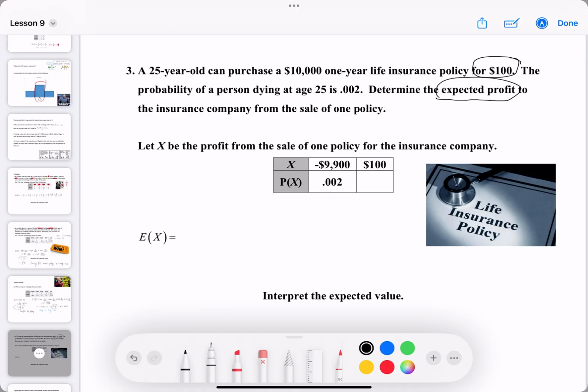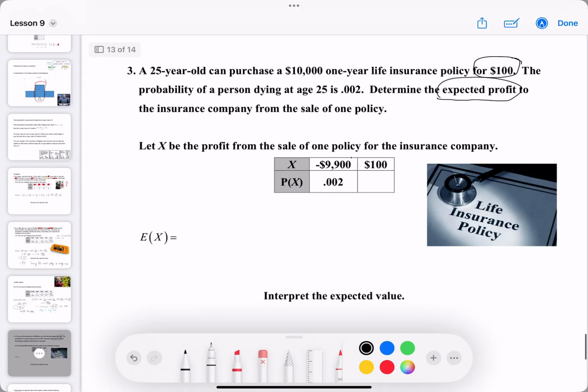So the company's profit is $100 minus $10,000, which is the money the company will pay for the family.